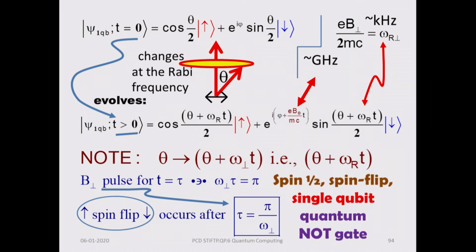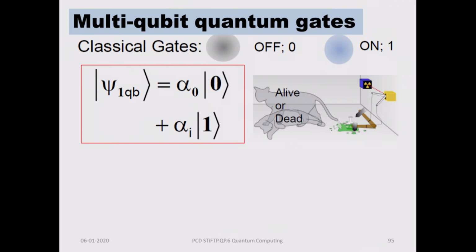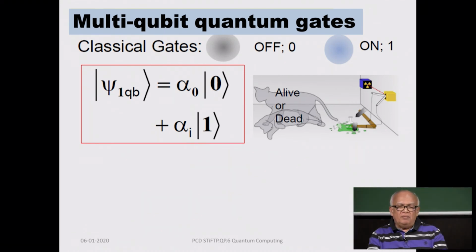So, this is what gives you the quantum NOT gate, and then of course, we talked about operations on just a single qubit. But what makes the quantum computer so powerful is the entanglement between several qubits. All right, so you really need a multi-qubit quantum gate.